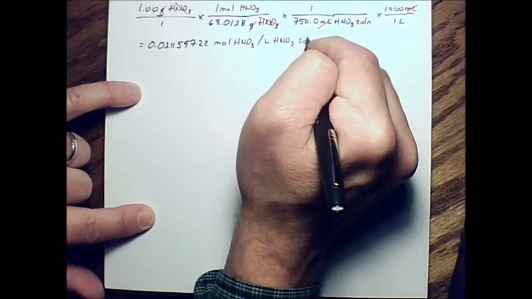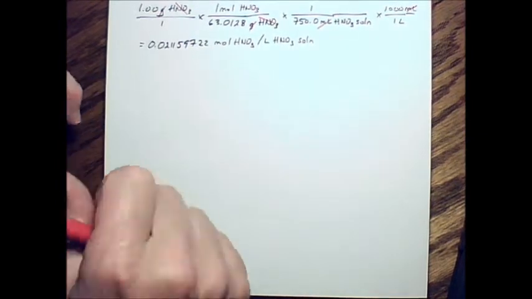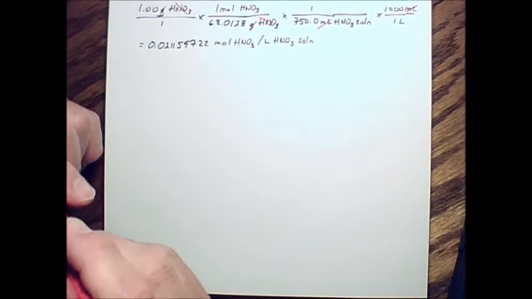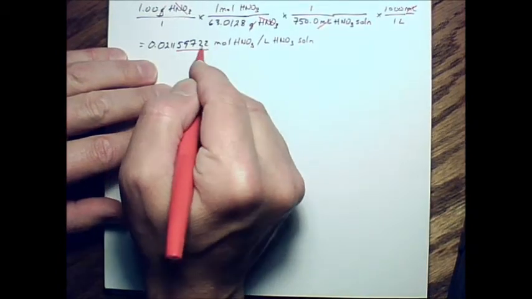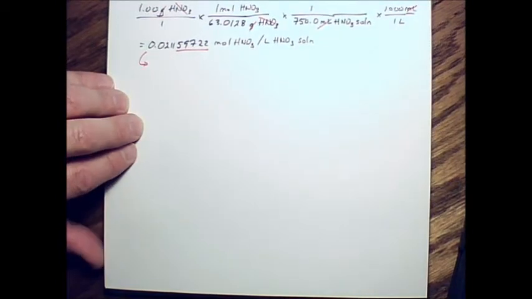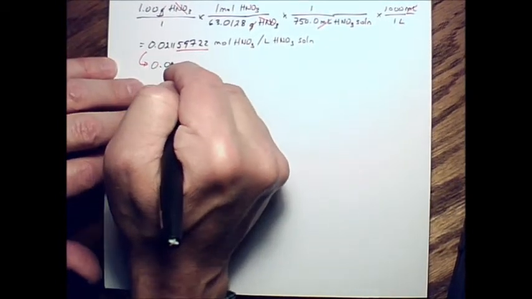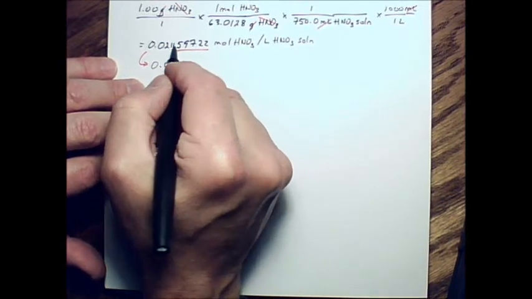HNO3 solution. All right, we want to underline our insignificant digits in our answer. And we're going to get 0.0212. The 5 makes the 1 round up.